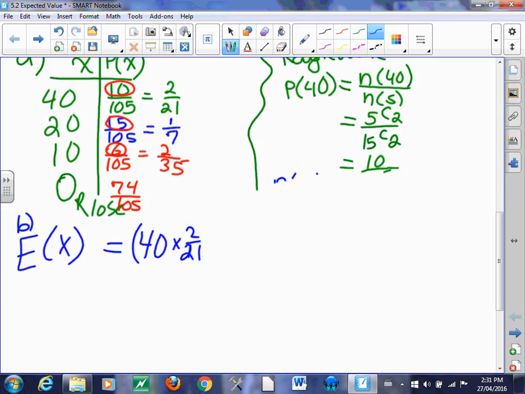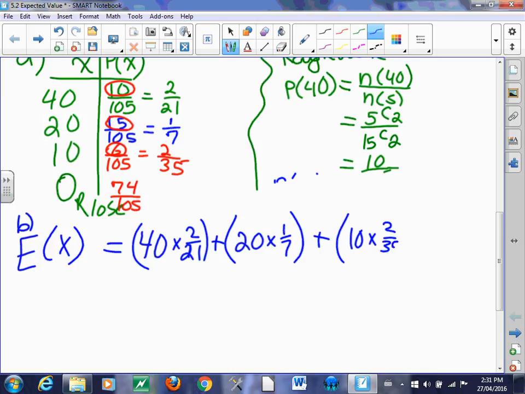You take that and you add the second chance. So to win $20, I've got a 1 in 7 chance. Plus, I have a 10 times 2/35 chance, plus, here's the big one, 0 times 74 over 105.